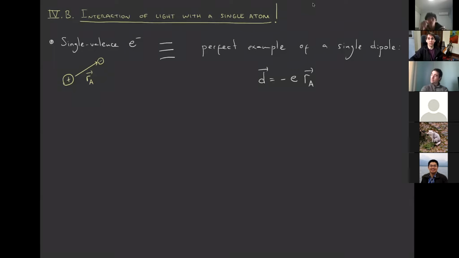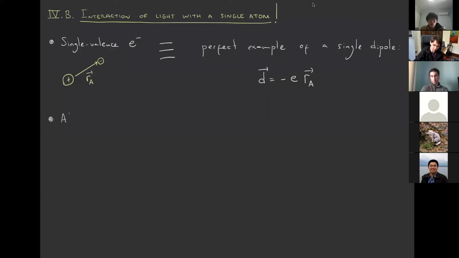Now, because we have the simplest example of matter that is actually a dipole, a single dipole, we can use the previous Hamiltonian.